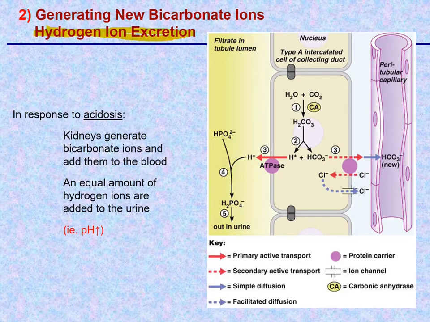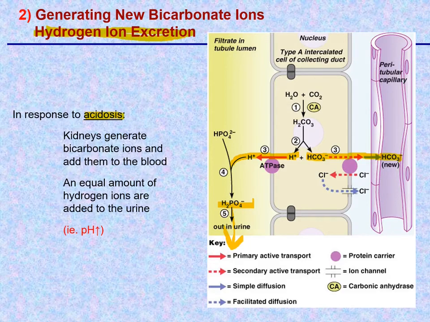So here you see generation of new bicarb by involving hydrogen ion excretion. This would be in response to acidosis. In a condition where there is acidosis, you get production of a new bicarbonate here, and it's going into the bloodstream. At the same time, the hydrogen ion is being secreted out into the urine, combining with monohydrogen phosphate to form dihydrogen phosphate, and goes out in the urine.